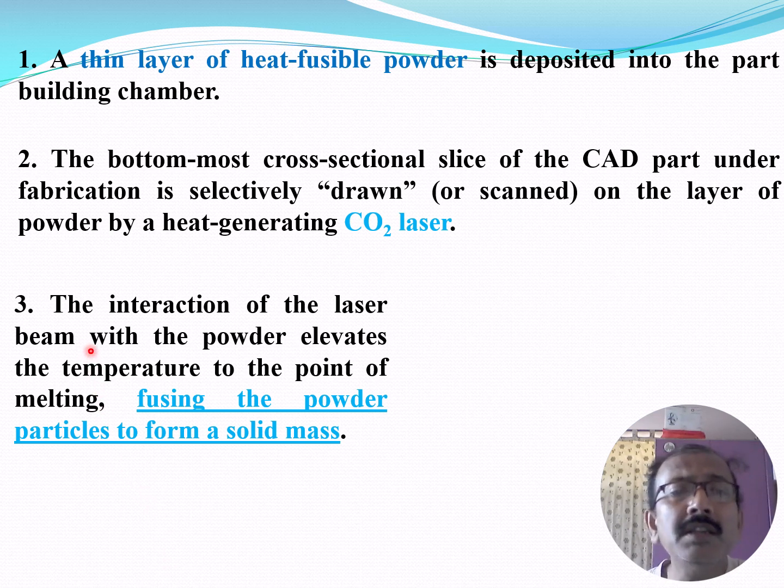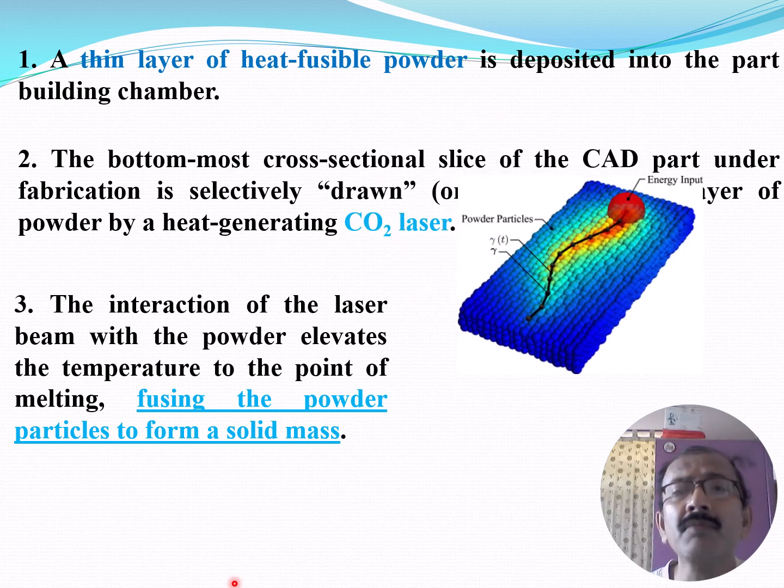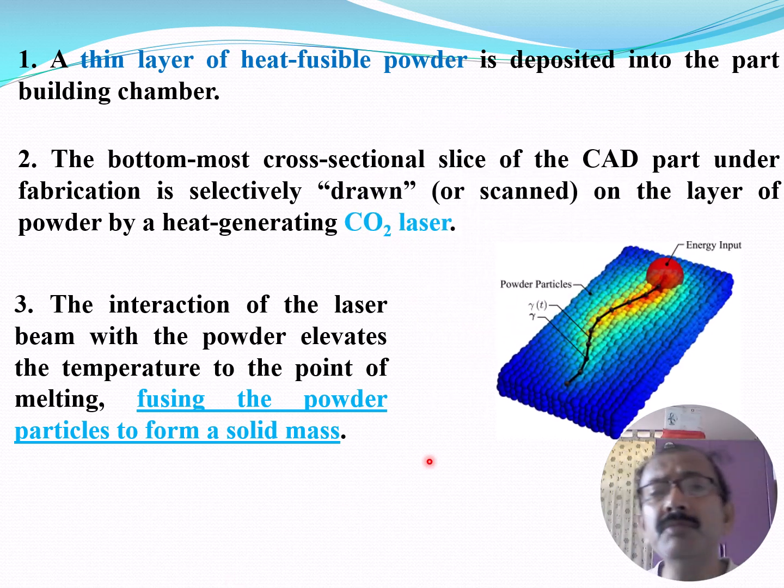Number three, the interaction of the laser beam with the powder elevates the temperature to the point of melting, fusing the powder particles to form a solid mass. If you see the diagram, this is the energy input, and this is the powder particle, and when the laser passes through, it will melt the powder particle.